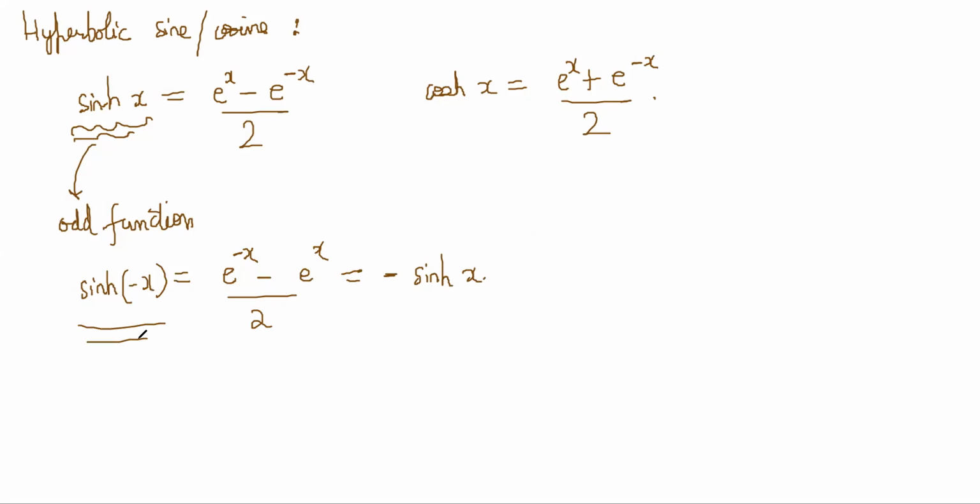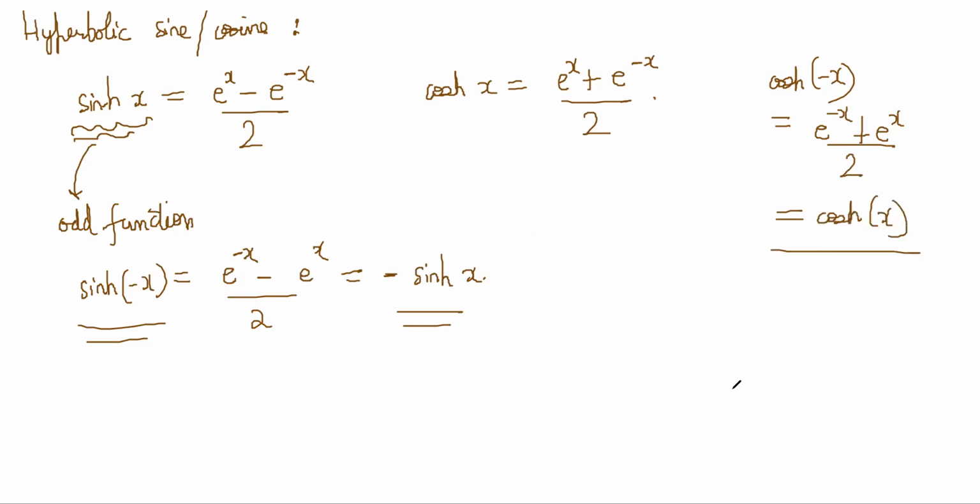And in the normal trigonometric functions, sine used to be odd, right? Similarly, sinh is odd here. And if you do cosh of minus x, it will become e power minus x plus e power x by 2, which is the same as this, right? So this is an even function.